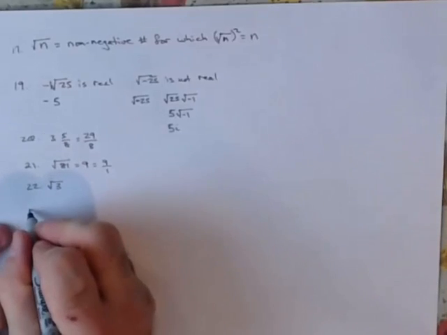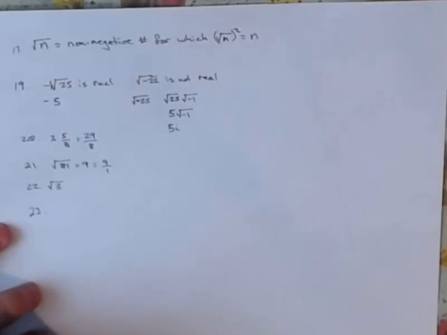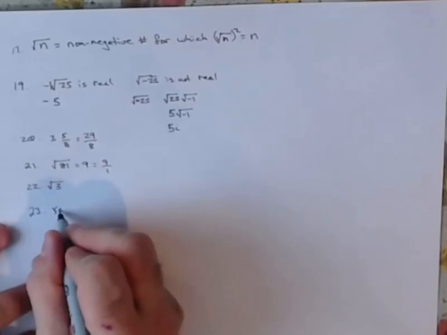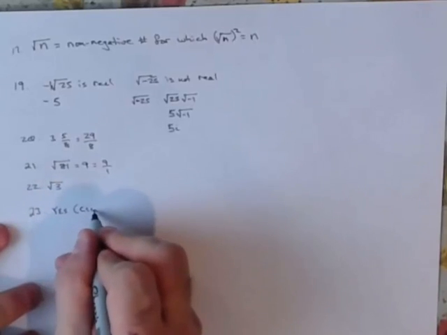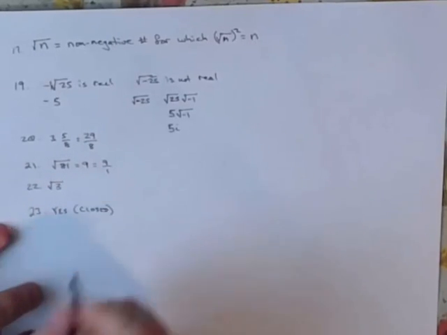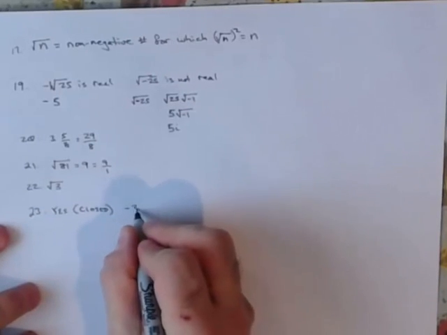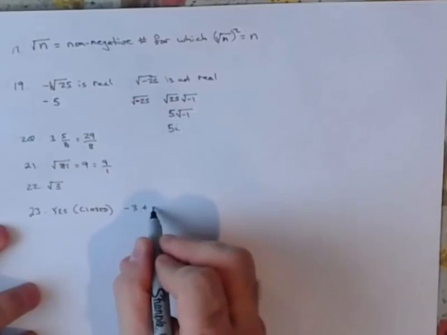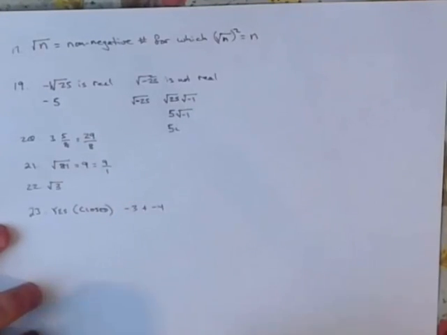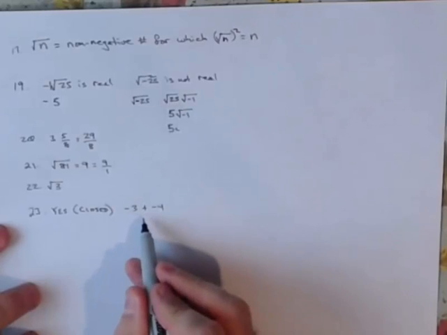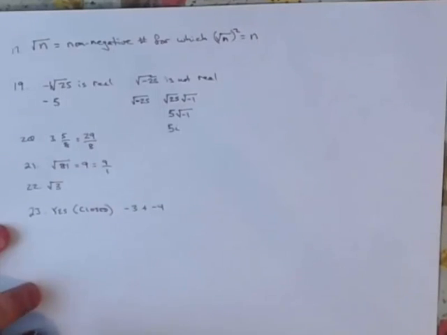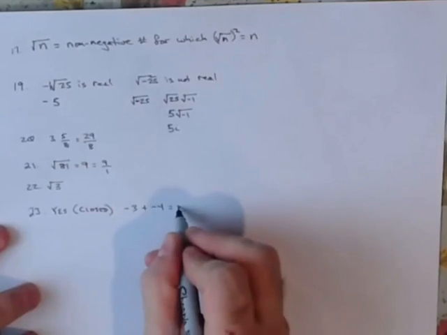Well, for number 23, the answer is yes. Is it closed? Yes. Or you could have written closed. And give an example. Well, the book example here is, let's say we've got -3, and we add to that -4. We have a negative number added to that a negative number. And the result would be -7.